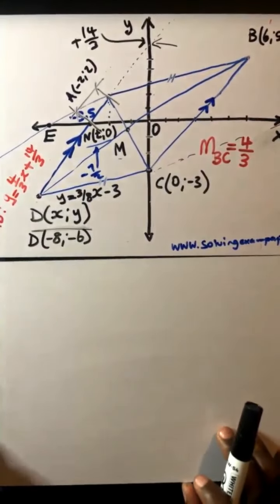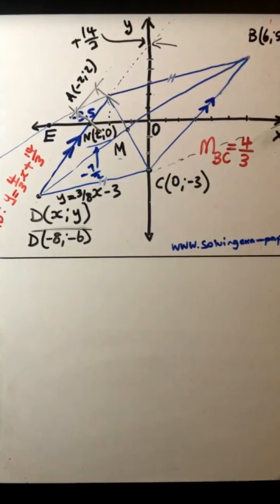There are multiple ways in which we can indicate that this is a parallelogram. Remember guys, I think I've explained previously that for this to be a parallelogram, we need to have lines which are parallel to each other.